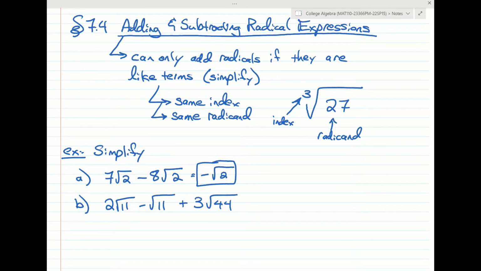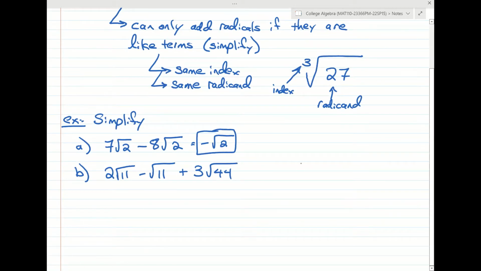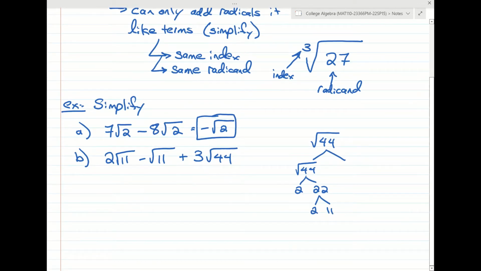But in our last class, we talked about how to simplify the square root of 44 two different ways. One thing we said we could do is say the square root of 44 is the same thing as 2 times 22, which is the same thing as 2 times 11. So when we simplify the square root of 44, it would just be 2 radical 11. That was one way we talked about doing this.